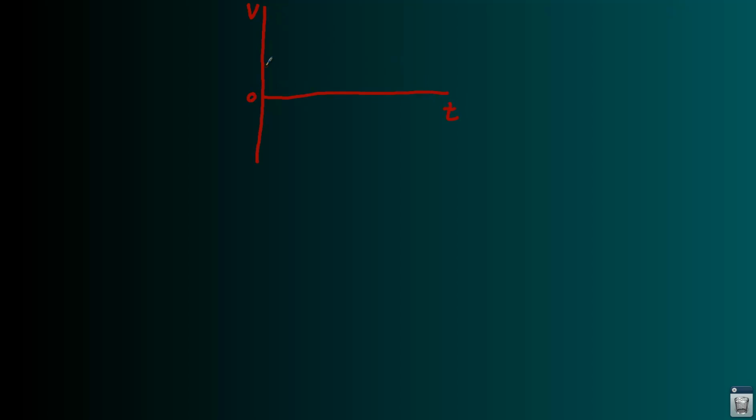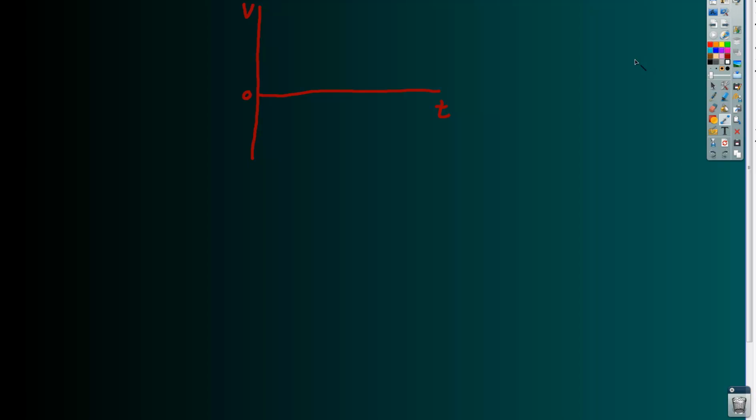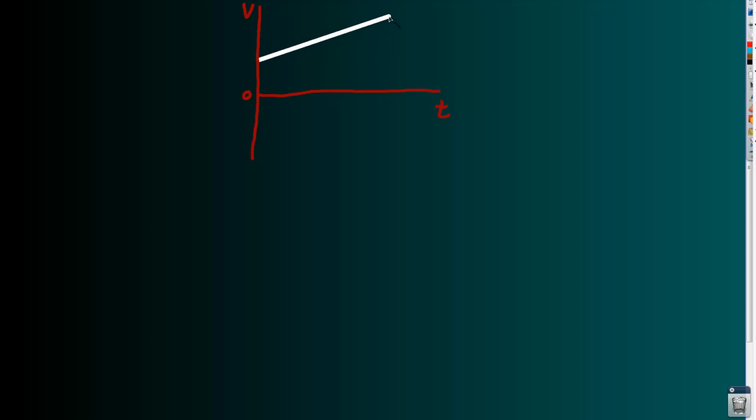And our velocity graph is going to look like the following. We're going to start at some non-zero velocity and speed up.